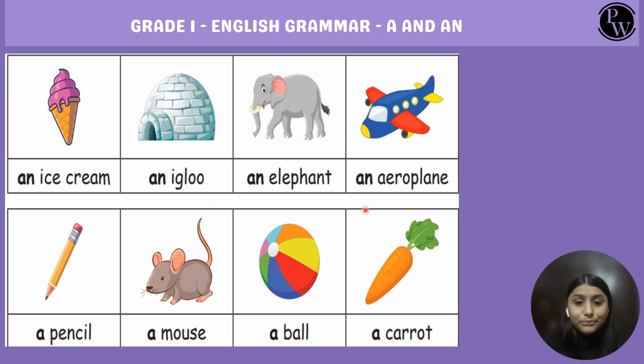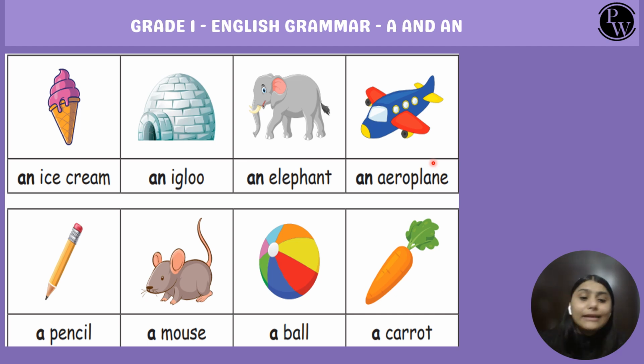An igloo. An elephant. Elephant, why? Because E is a vowel and it's making a vowel sound. An elephant. Aeroplane. We say an aeroplane. Why do we say an aeroplane? Because A is a vowel and aeroplane makes a vowel sound.